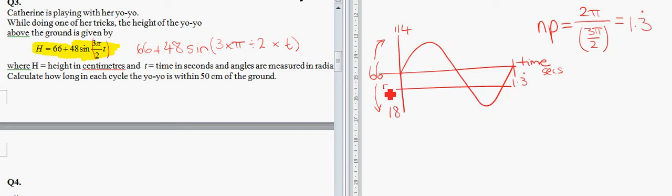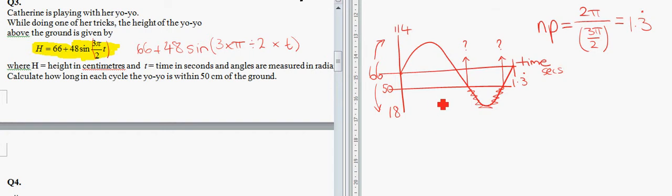So if we want to find how long in each cycle the yo-yo is within 50 centimetres of the ground, that means below 50 centimetres. So all the way around here the yo-yo is less than 50 centimetres off the ground. So I'm going to need to know that time and that time there. And obviously our answer will be the difference between those two.